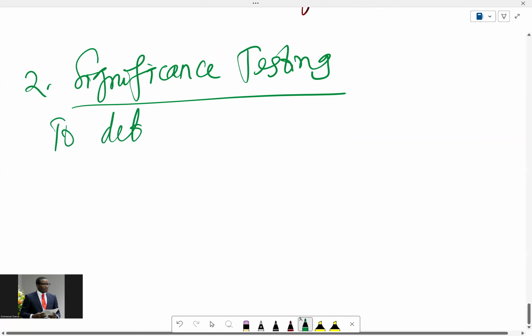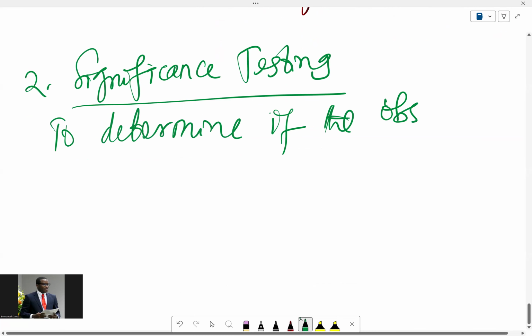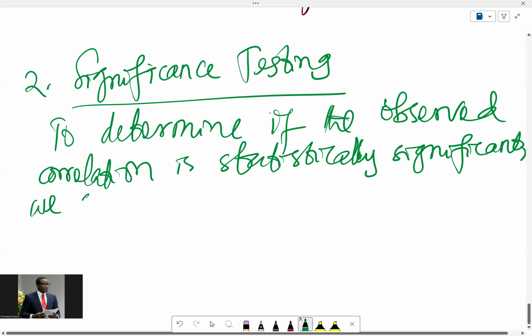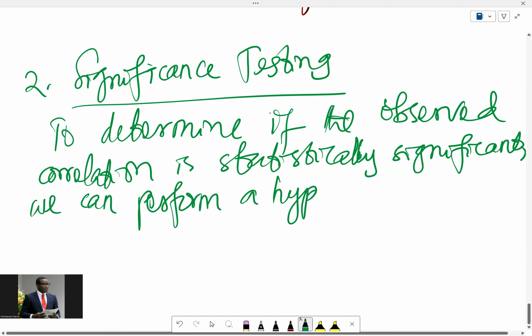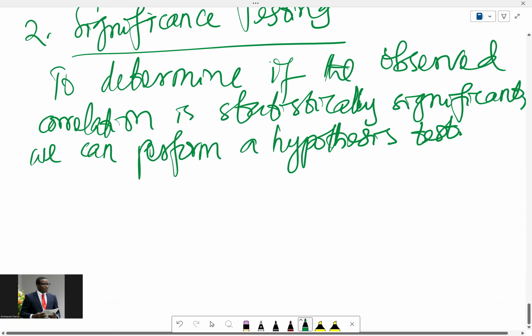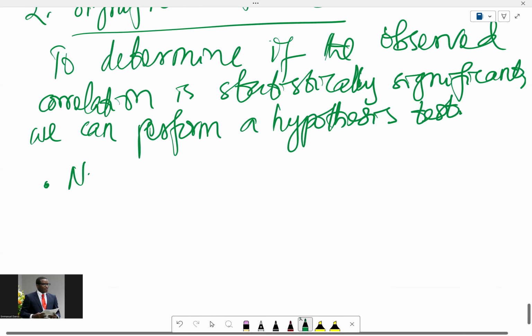To determine if the observed correlation is statistically significant, we can form a hypothesis test, and the first thing is to talk about the null hypothesis.